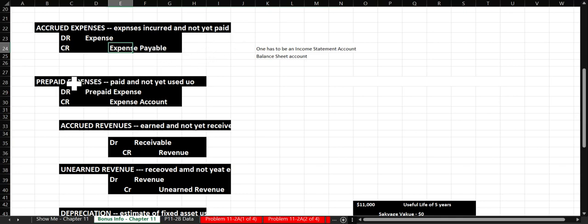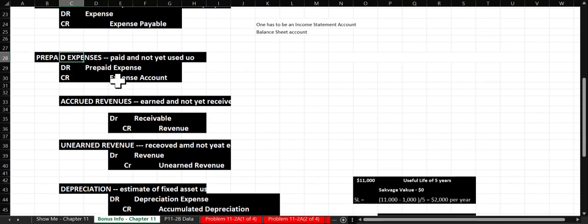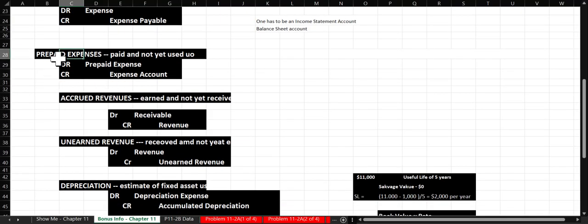The other side of that would be what we call prepaid expenses. In this case, we have paid for the expense, but we haven't used it yet. So maybe we paid for an insurance policy for 5 months, we have only used 4 months. And if we're capturing the performance of the business for the 4 months, then we would only record the 4/5 in our income statement.